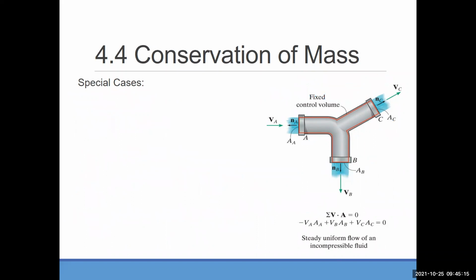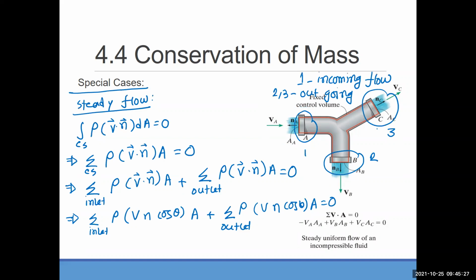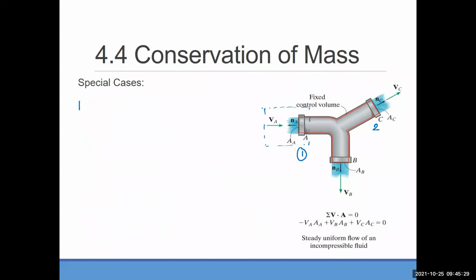Okay. So here, if I just move this part, this one was 1. Oh, this one is 3. This one is 2. Okay. So for 1, what is the direction of V? Right, like going. And what is the direction of N?